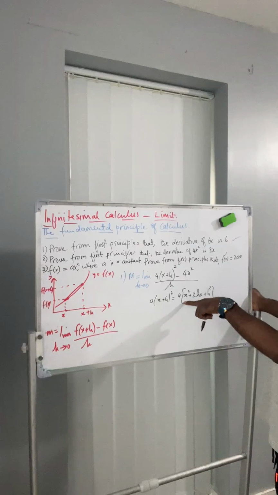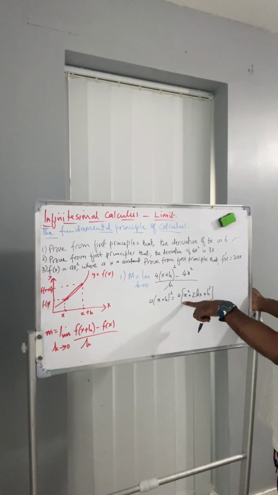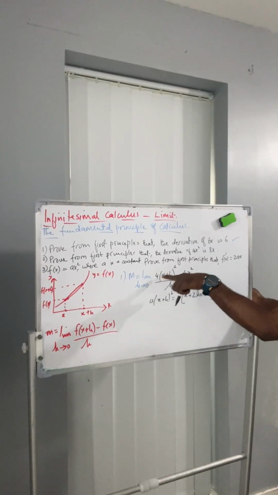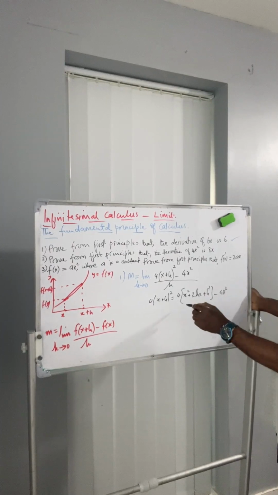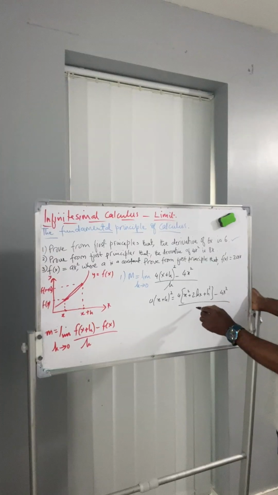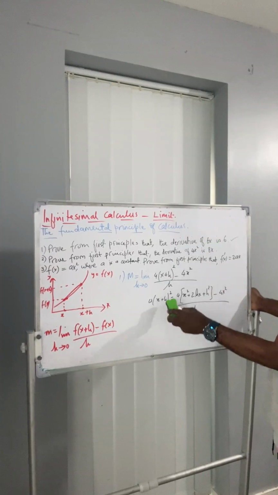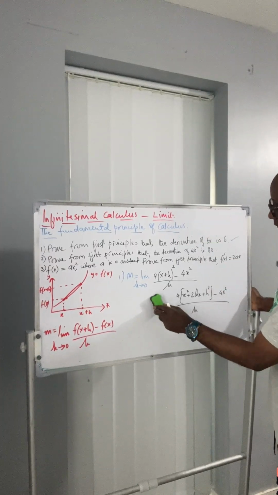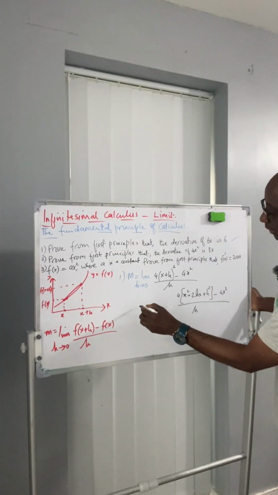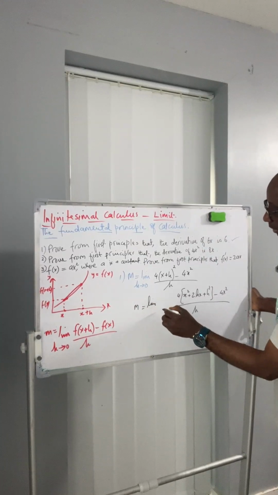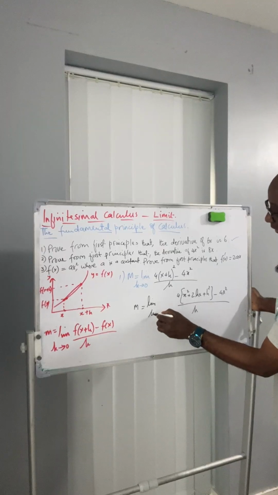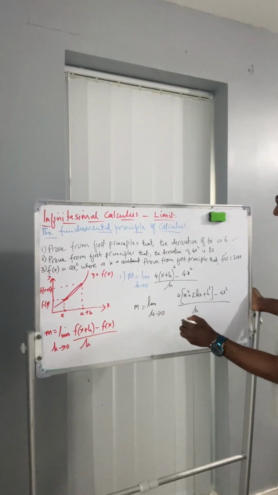So this is what you get when you expand this. Then you'll have minus 4x squared all over h. And this will be m is equals to the limit as h tends to 0.